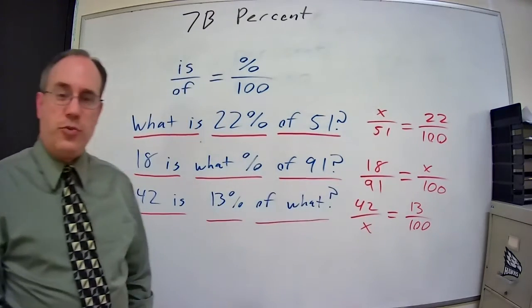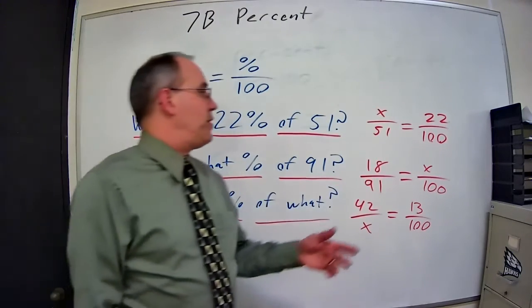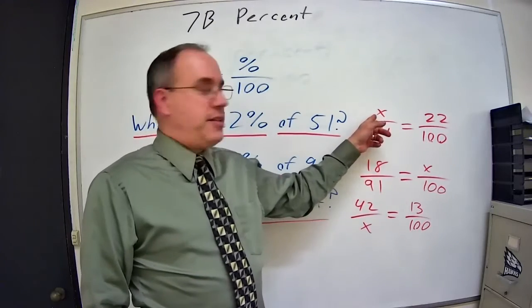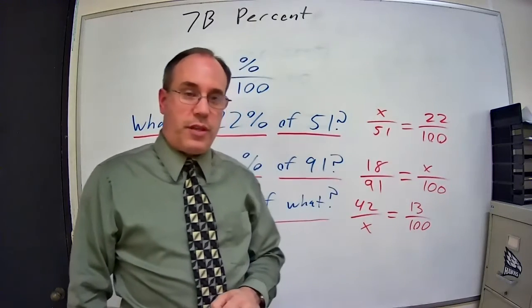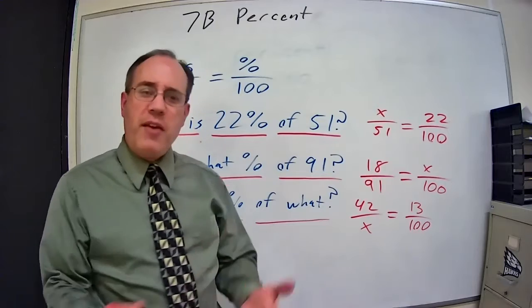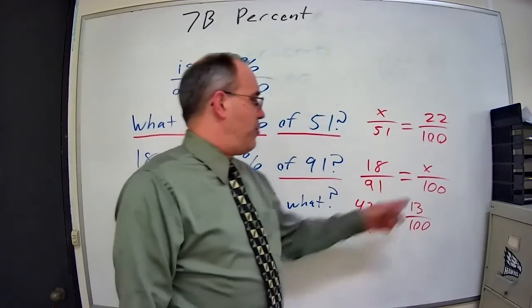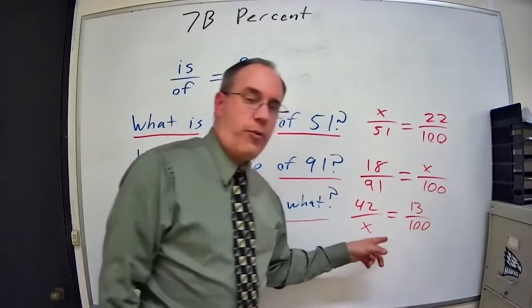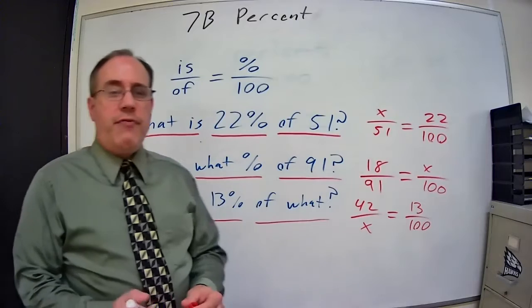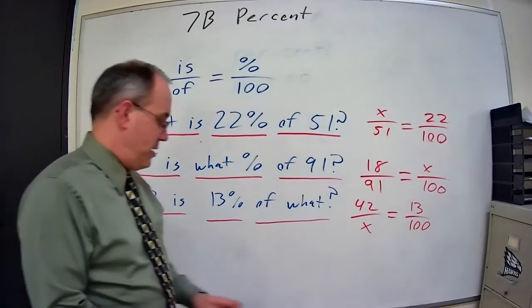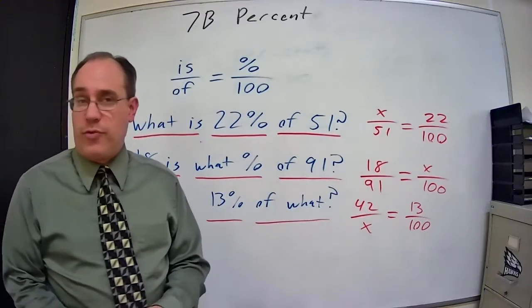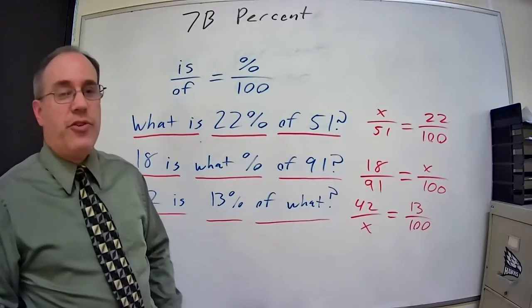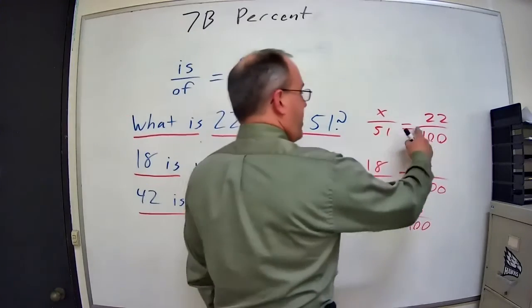There's a few ways we can do this. We can go through the effort of getting x by itself. We're dividing by 51, so we can multiply both sides by 51. But you may not feel that comfortable with that. But what I find works the best and is simplest for me, so maybe it's simplest for you, is that you can always multiply the diagonal.